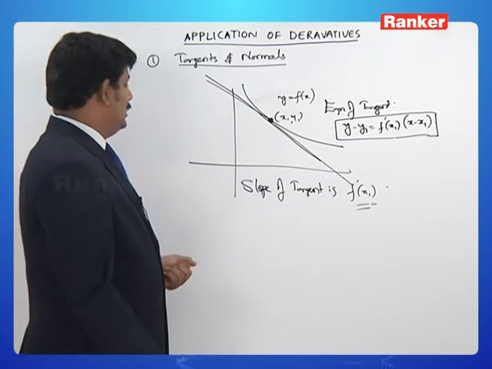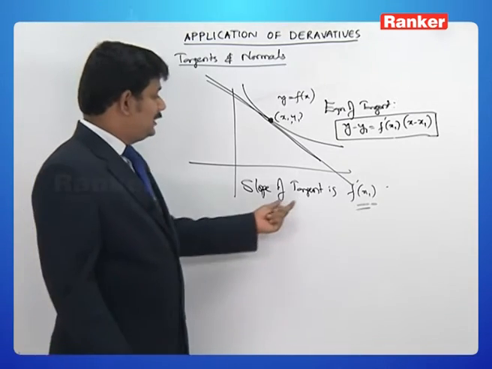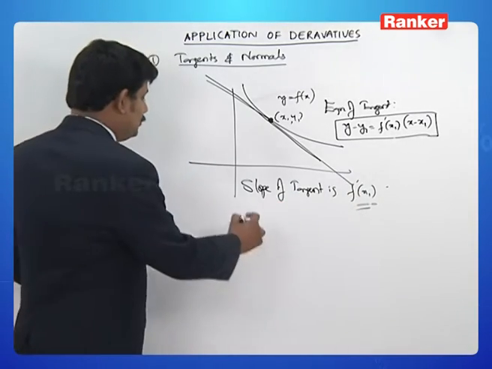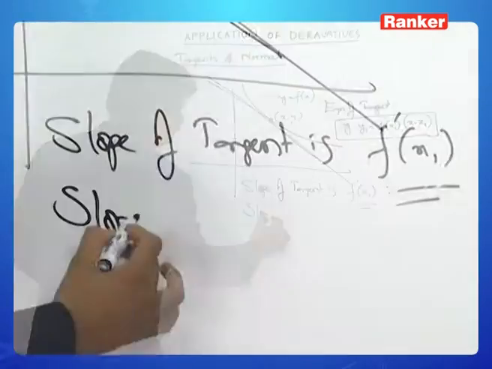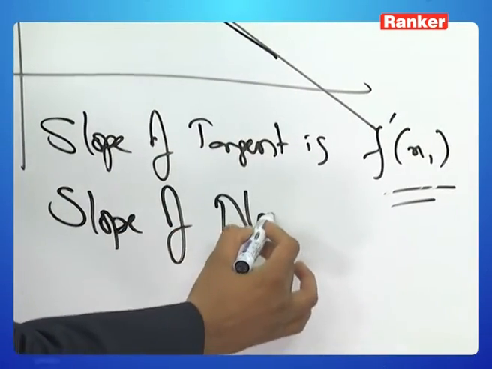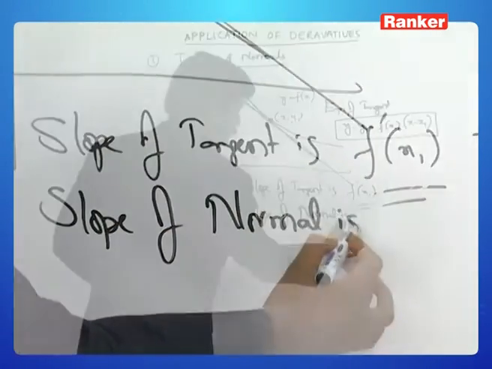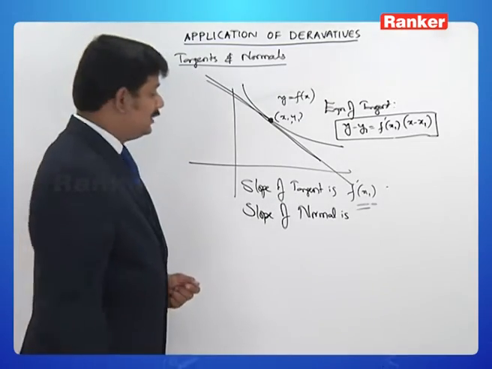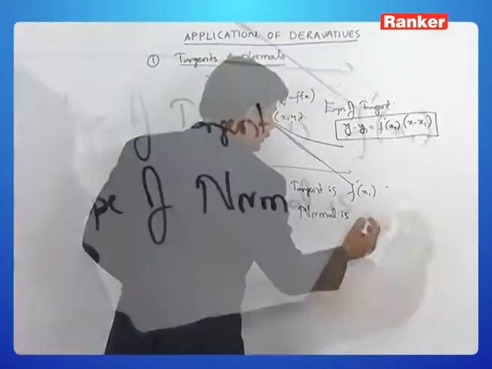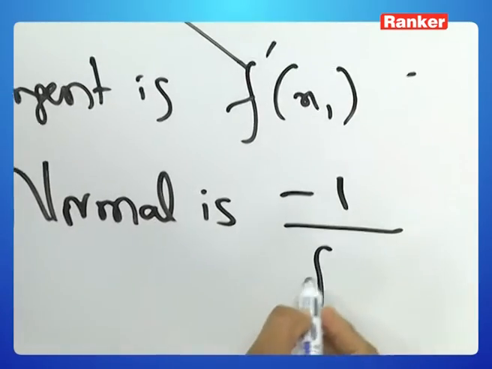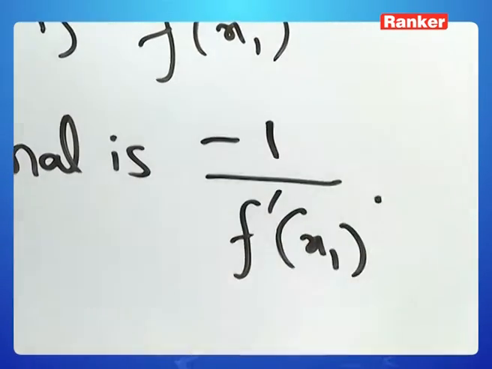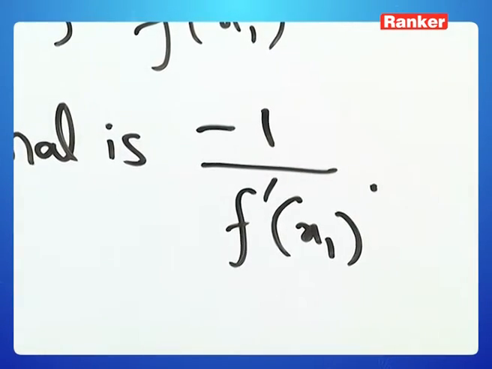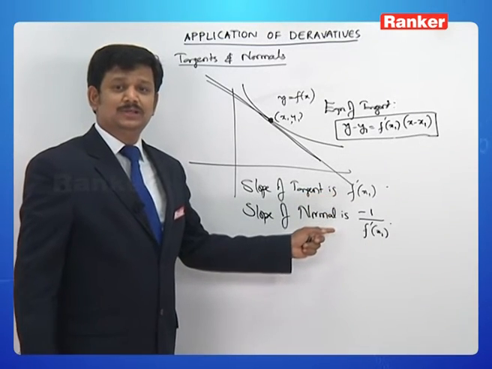Similarly, if slope of the tangent is f dash of x1, slope of the normal would be minus 1 by f dash of x1, that is minus 1 divided by f dash of x1, because tangent and normal are perpendicular to one another and product of the slopes is minus 1.